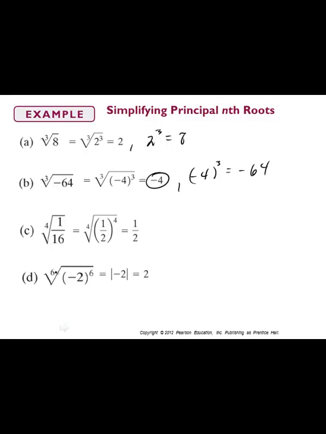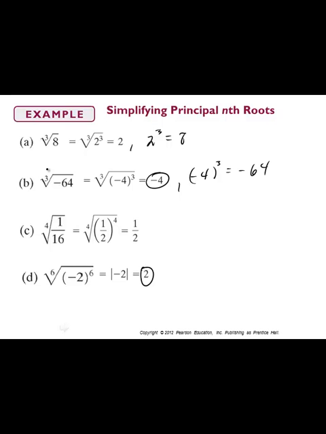And in general, when you're taking the nth root of any number raised to that same power as the index of the root, the result is really the absolute value of that number that you had raised to the power within the radical. A little bit confusing at first, but just understand that the result of taking any even root, I should say, is a non-negative number.